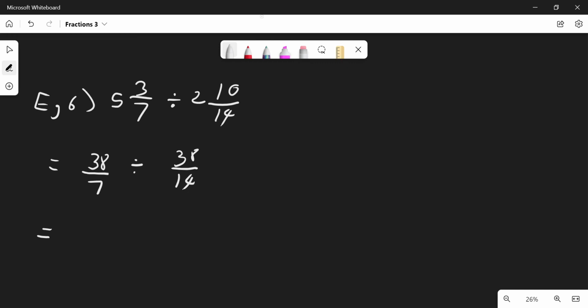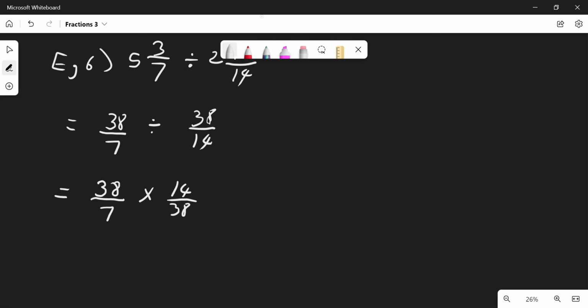And we can simplify this one. We can say 38 divided by 2, 14 divided by 2, but let's not do that for now, and I want to show you why I'm not going to do that. So it's a choice that you can make. So we can have now 38, according to our division laws, times 14 over 38. So our numerator and denominator switched there. Now we have a times on our hands.